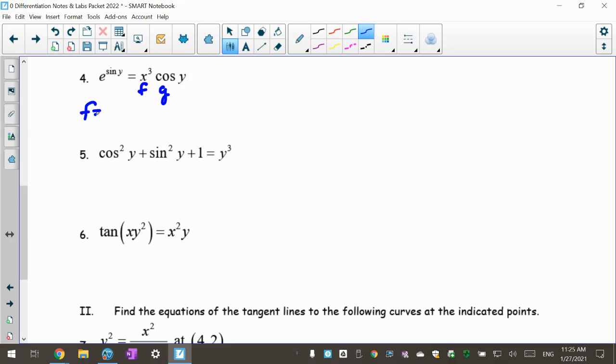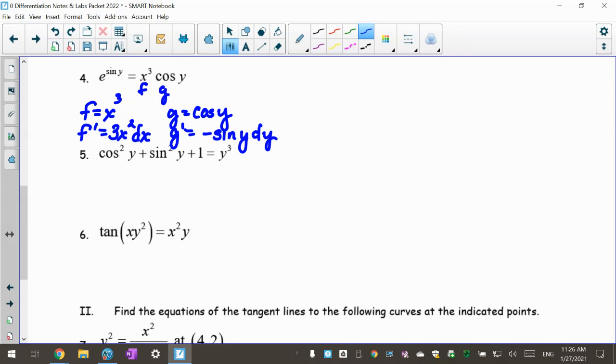I'm going to set up my f as x cubed. My f prime is going to be 3x squared dx, the derivative with respect to x. My g is cosine of y, and g prime is going to be negative sine of y, derivative with respect to y, so it's dy.